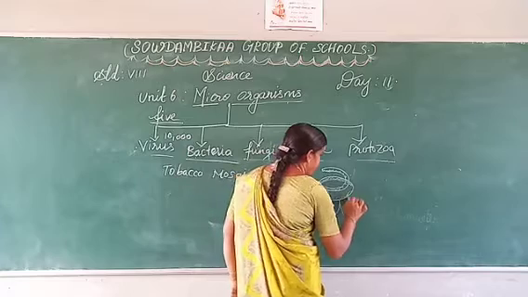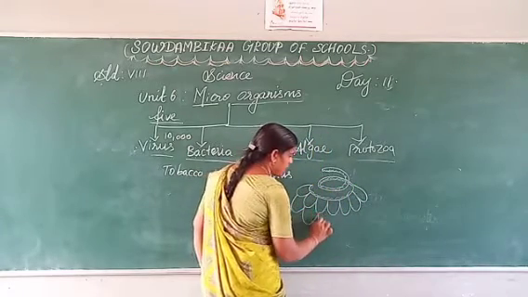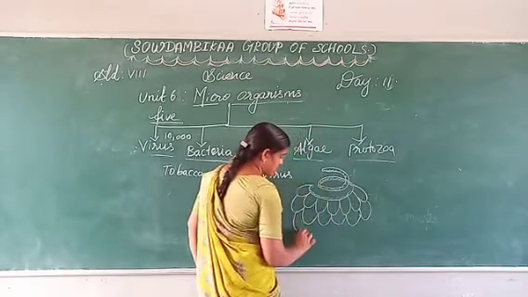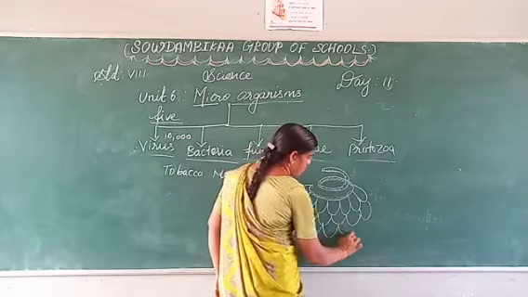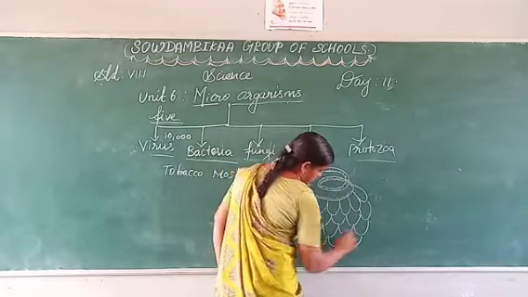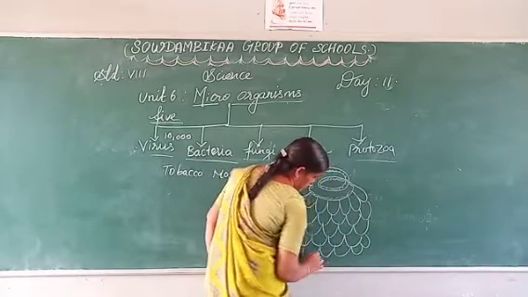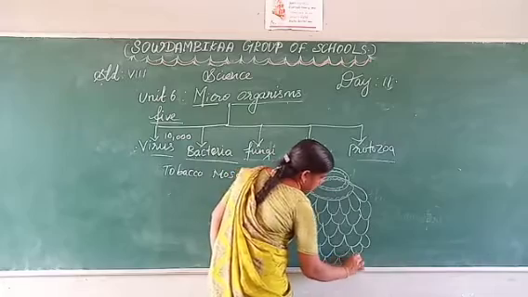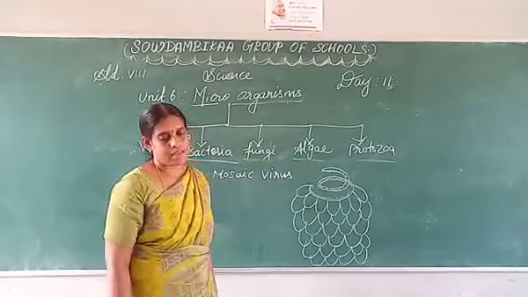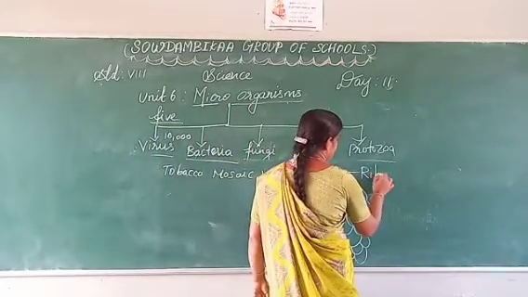The virus that affects the tobacco plant is called the tobacco mosaic virus. This is the tobacco mosaic virus. This is the RNA, ribonucleic acid.